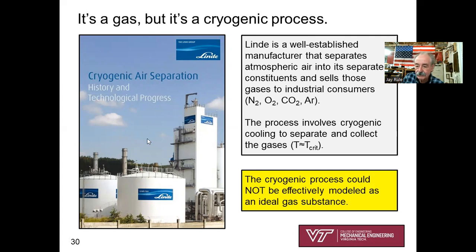As part of their process that I've shown here, the process involves cooling atmospheric air to very low temperatures near the critical point, and then stripping out the various constituents from atmospheric air and selling those gases to consumers. So when you see the word cryogenic or extremely low temperatures, not ideal gases.